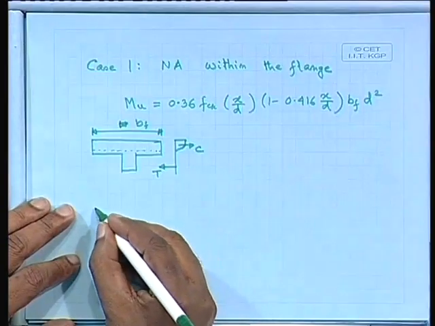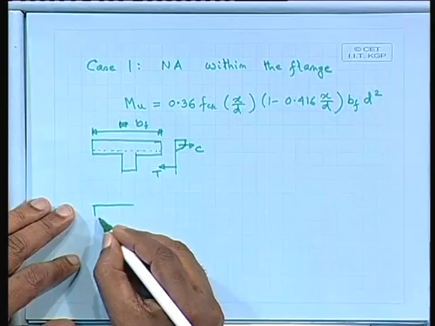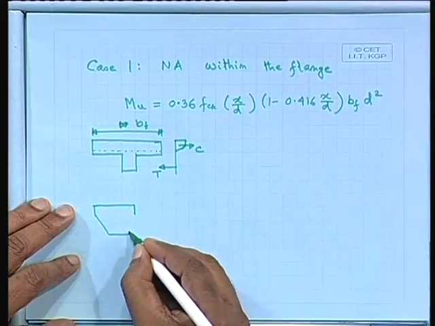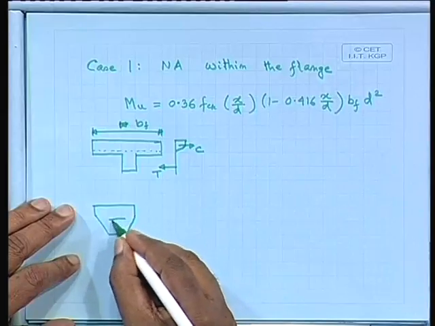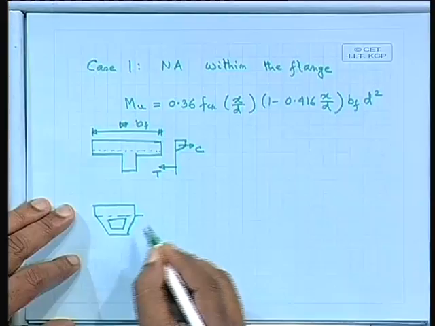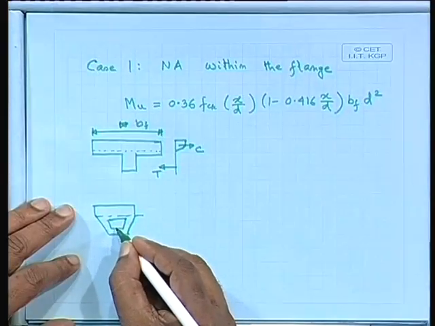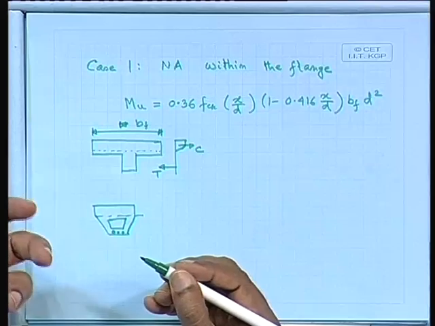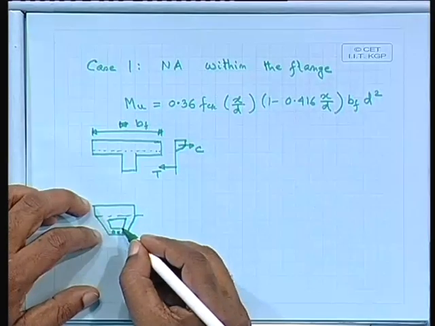So in other way, if we can make it like this also, that means this portion is void, because we are providing reinforcement here. So I can remove that concrete from that portion because we don't need it.